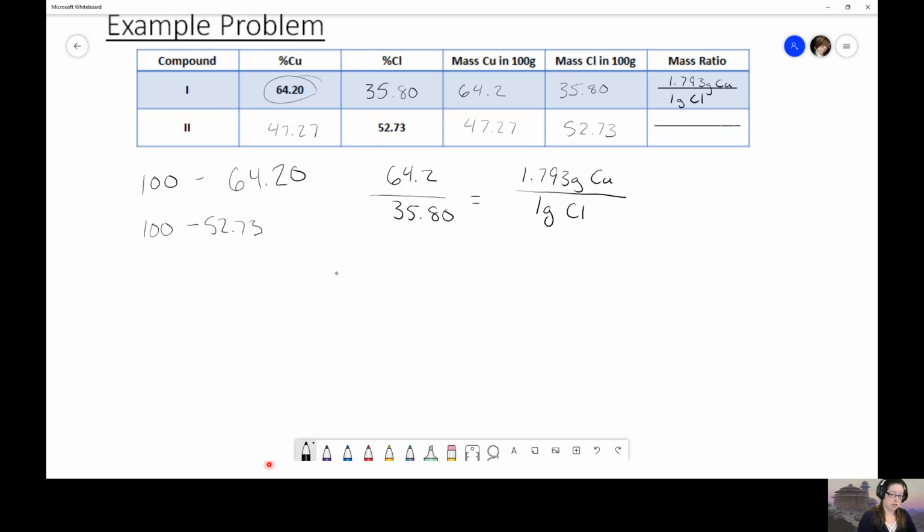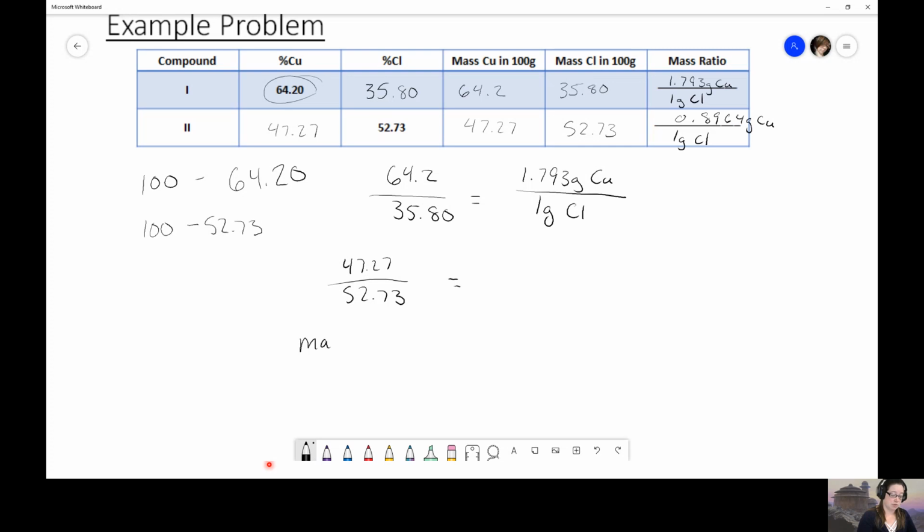Okay. And then we're going to do our second ratio, which is 47.27 divided by 52.73. And that's going to give us 0.8964 grams Cu over 1 gram Cl. And then you're going to compare your Cu-Cl from both ratios.